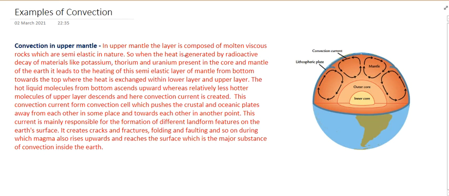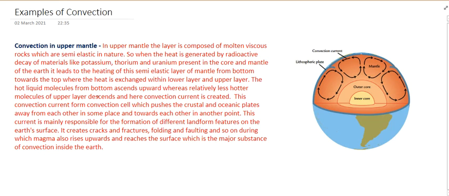The upper mantle layer is composed of molten viscous rocks which are semi-elastic in nature. When heat is generated by radioactive decay of materials like potassium, thorium and uranium present in the core and mantle of this Earth, it leads to the heating of the semi-elastic layer of the mantle from bottom towards the top, where the heat is extended within the lower layer and upper layer.